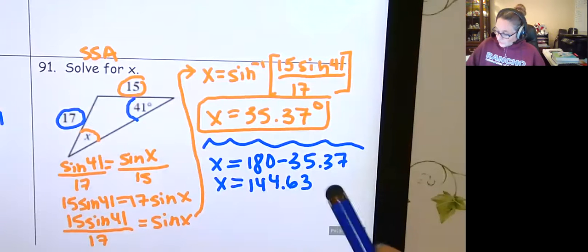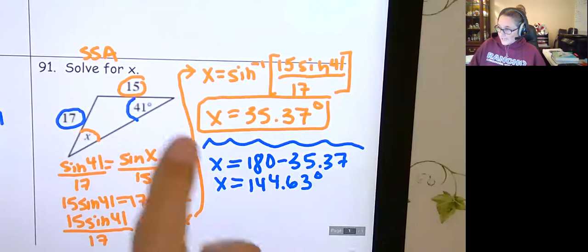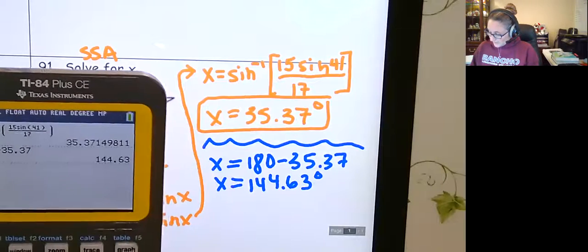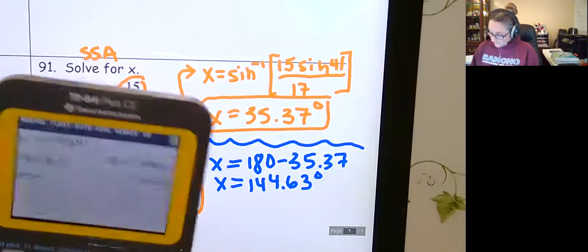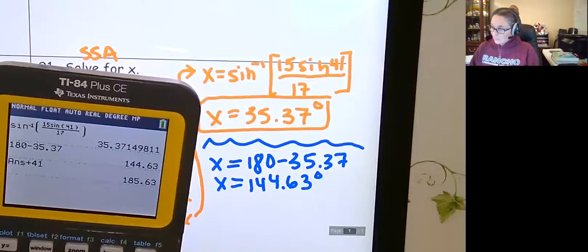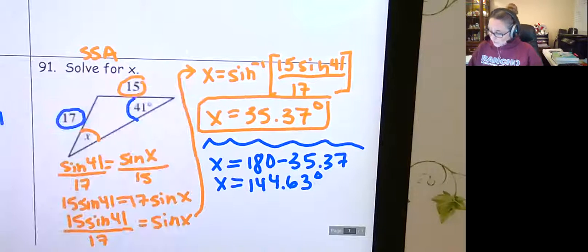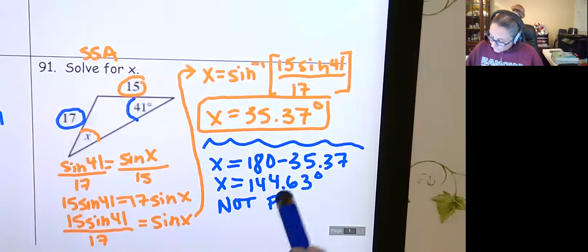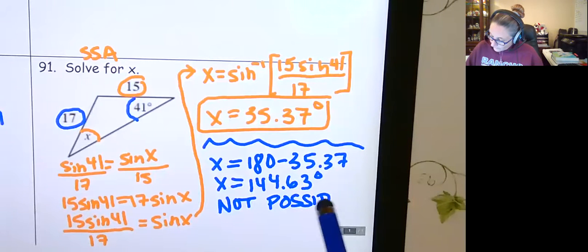Now, what I need to check and make sure is that this triangle is possible. So can I add the other angle I know, which is 41, and am I going to get something less than 180? No. So not possible, the second triangle. Okay.